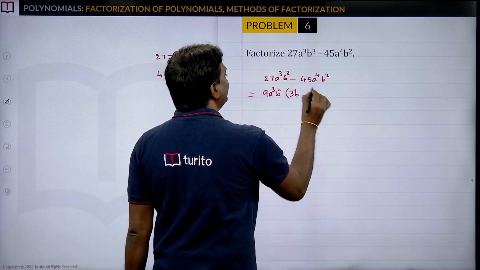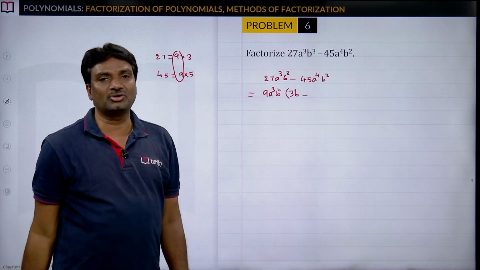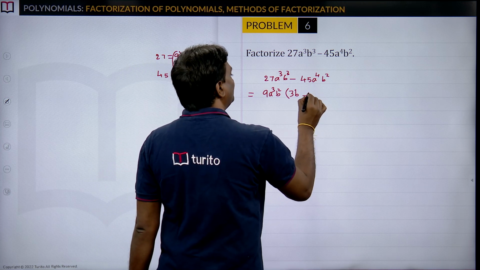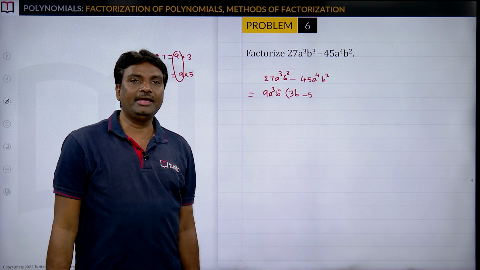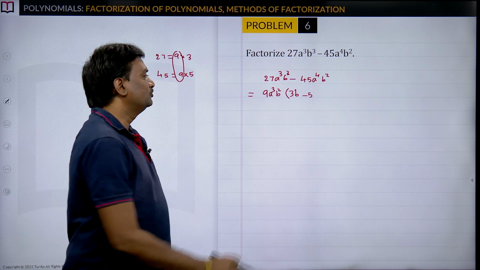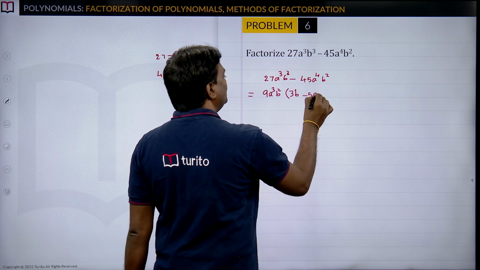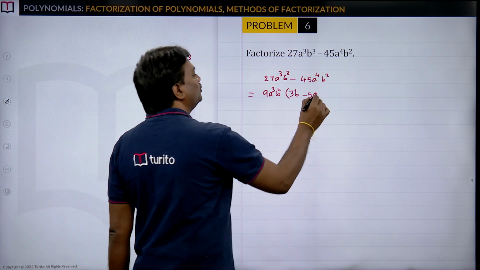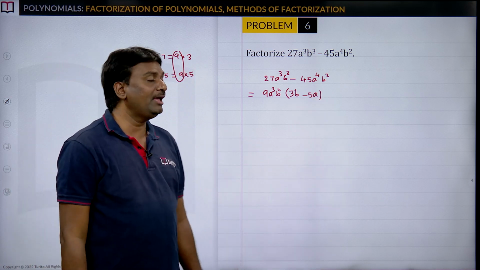So, 3b minus, from 45 we have taken 9 as common, the remaining part is 5. 5 into, where a power 4 means a cube into a. Since we have taken a cube as common, we have a. We have taken b square as common, so we do not need to write it. If you want to write 5a into 1, again you will get 5a only.